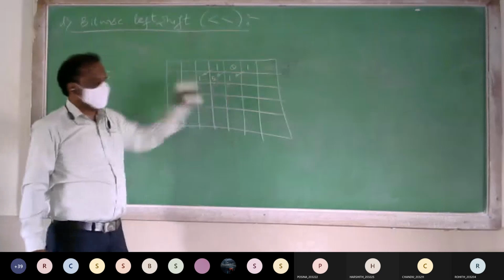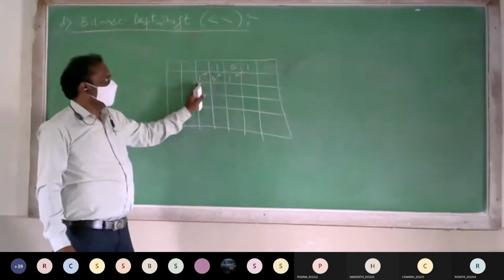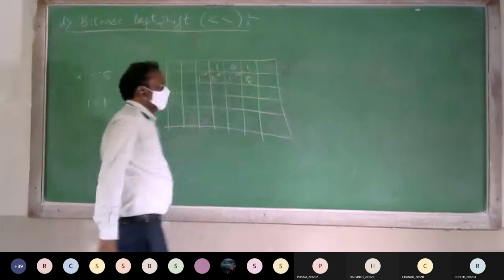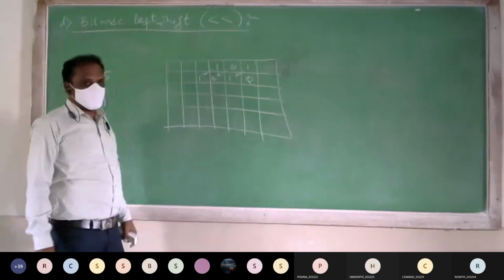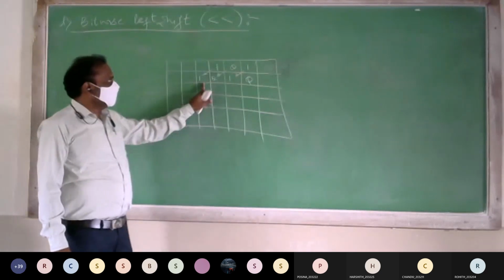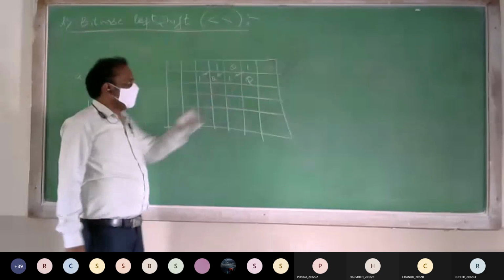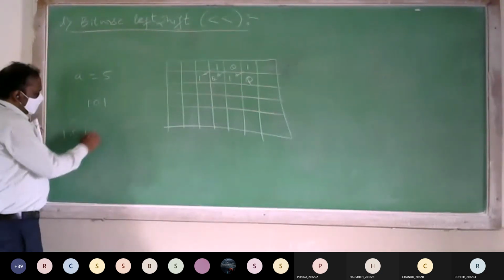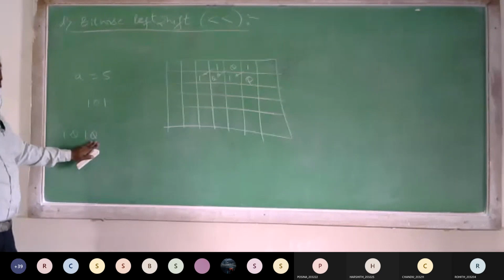How many times have you shifted? 1 time. Here nothing is there means write 0. So if you shift 1 time, the result has become 1010.